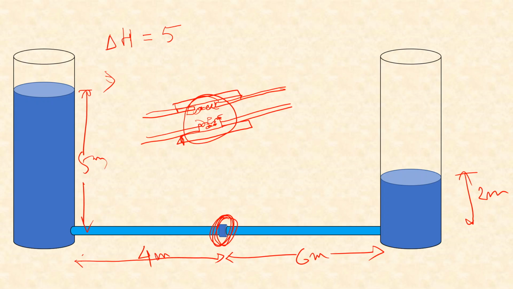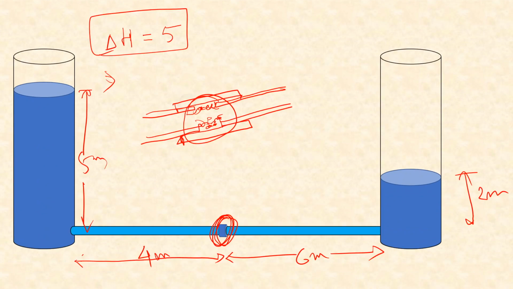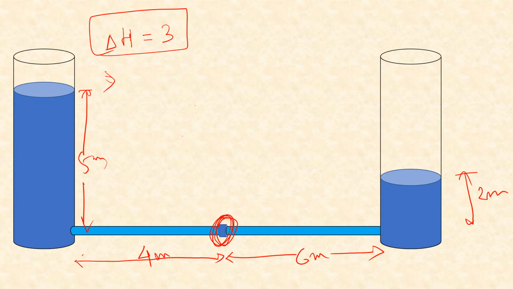So what we can do is, in this case the total head loss will be same, 3 meter. So the formula will be slightly different.